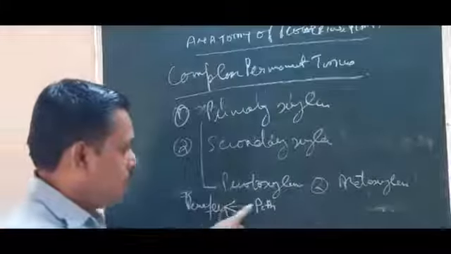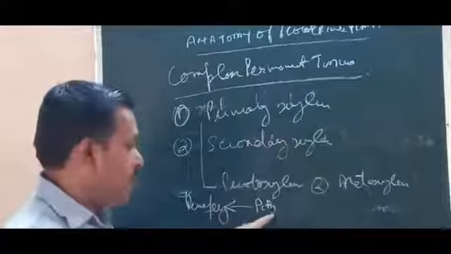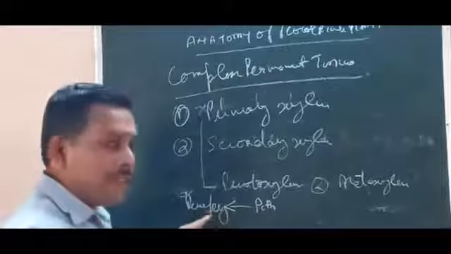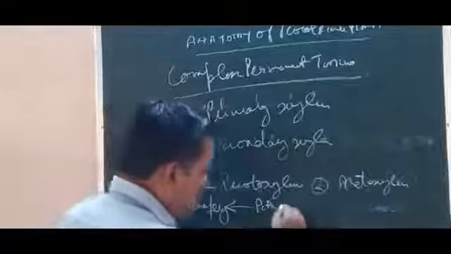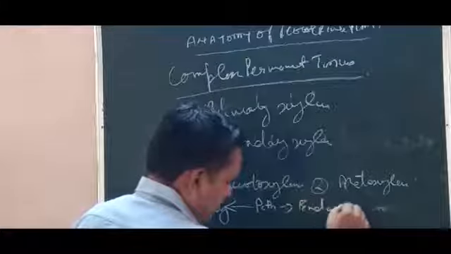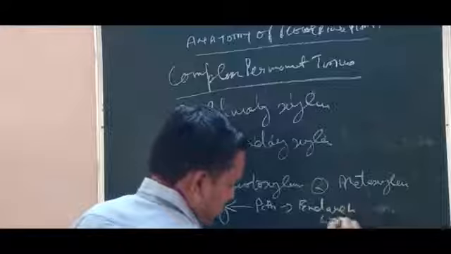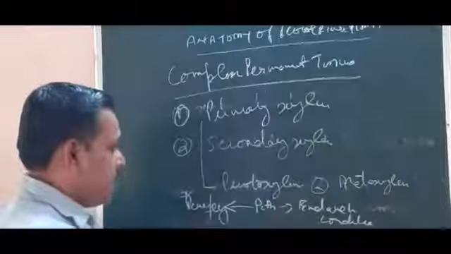When the protoxylem of primary xylem lies towards the center and metaxylem towards the periphery, this condition is found in dicot stems, and it is called the endarch condition.